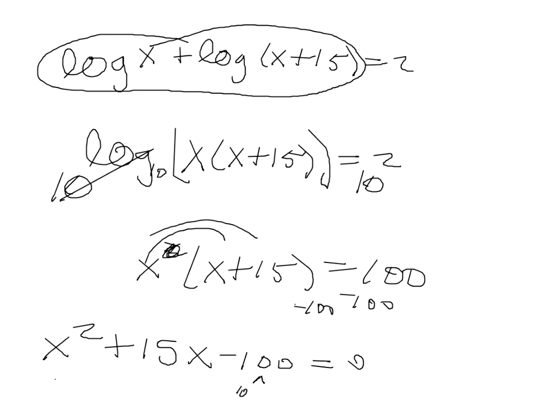So factors of 100 are 10 and 10, which do not add up to 15. 25 and 4, again, do not add up to 15. But 20 and 5: 20 times 5 is 100, and when you subtract, you get 15.